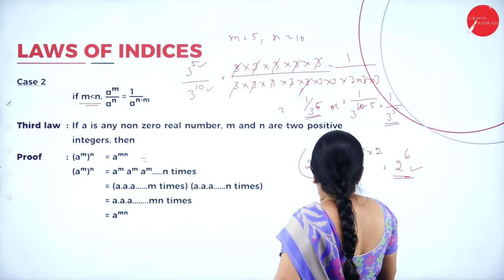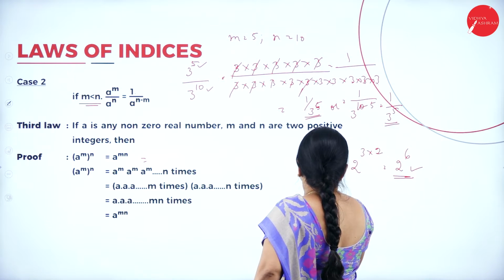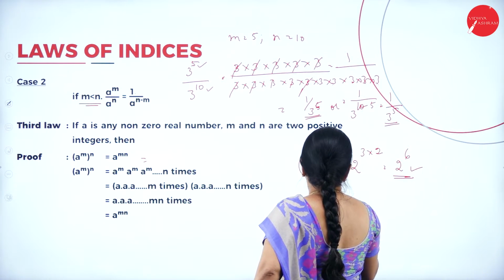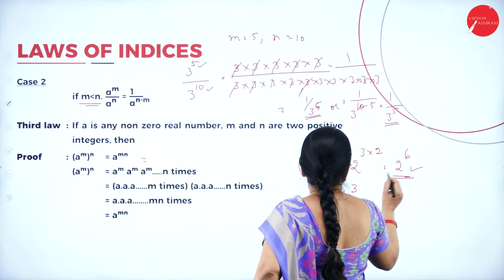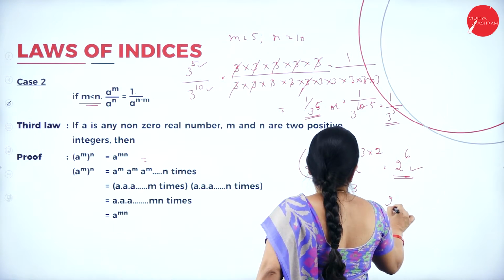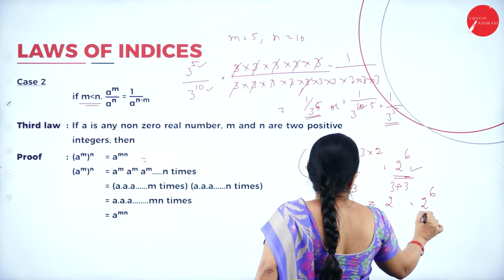Now, in case I have to expand this, what will I write? 2 to the power 3 into 2 to the power 3. So I'll get the same answer. 2 to the power of 3 plus 3, that is 2 to the power 6.